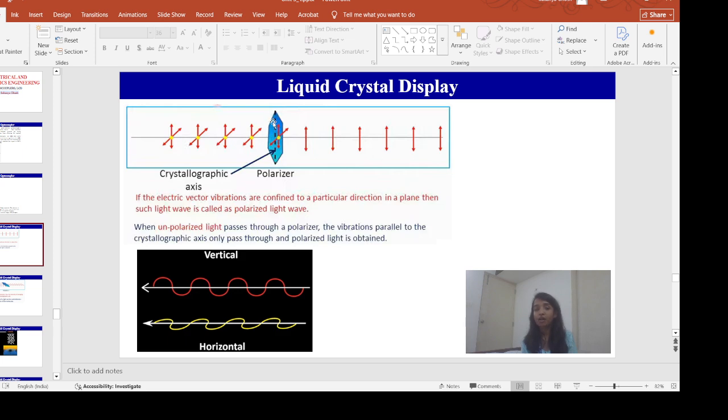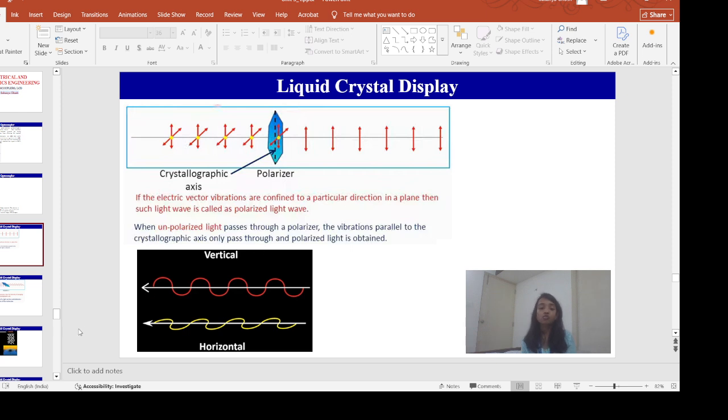You can see these vibrations coming out from the polarizer are parallel to the crystallographic axis. So these vibrations we call a polarized light wave.